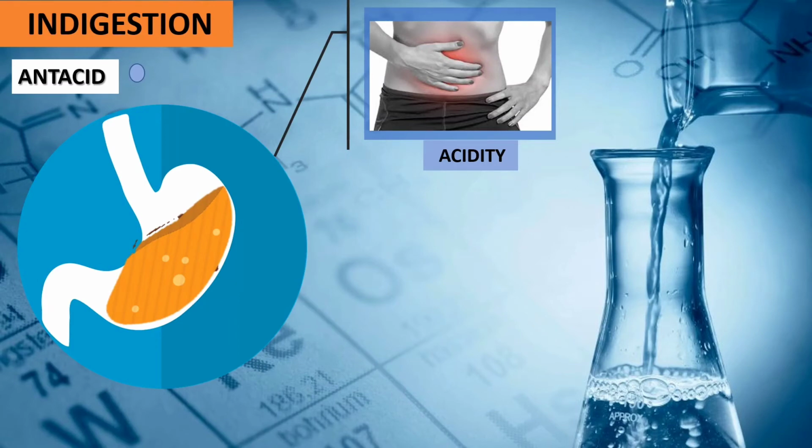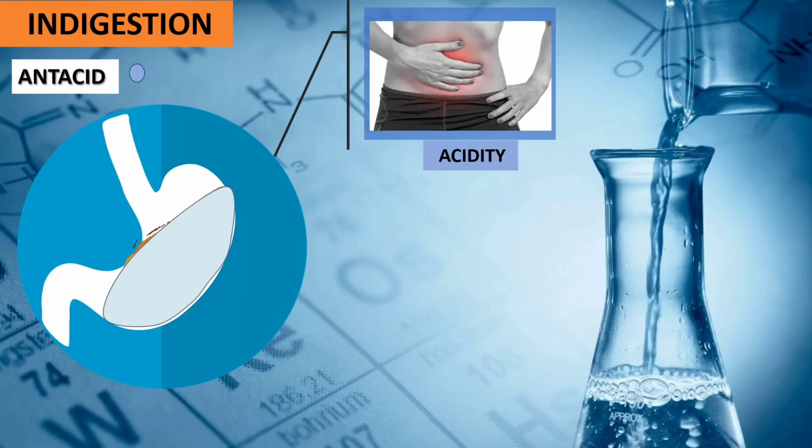When this antacid enters the stomach, it is going to neutralize the effect of acid. How is it going to neutralize? Because antacid is nothing but a base. It is basic in nature, and eno, milk of magnesia, or soda are basic in nature.